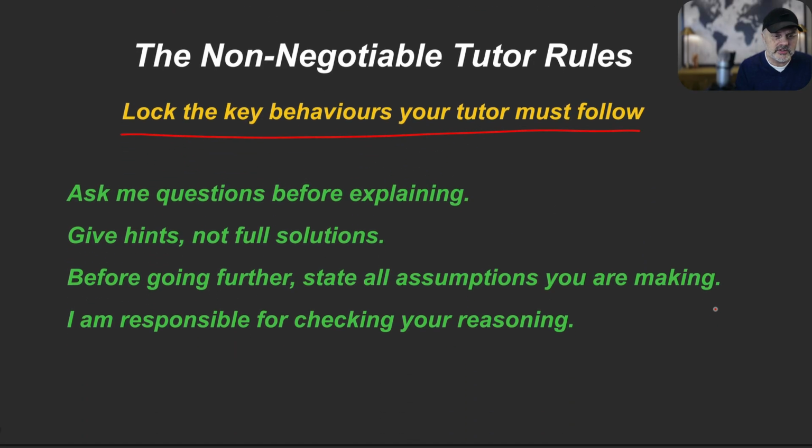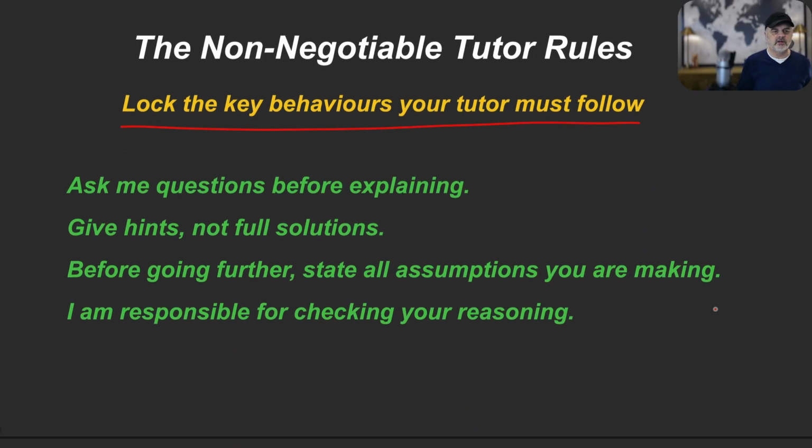So the non-negotiable tutor rules, you already know, the prompt that you always start the chat with. You're locking the behaviors. You're making sure that your AI is asking questions before explaining. It gives you hints, not just answers. And before you go further, you state all assumptions you're making.